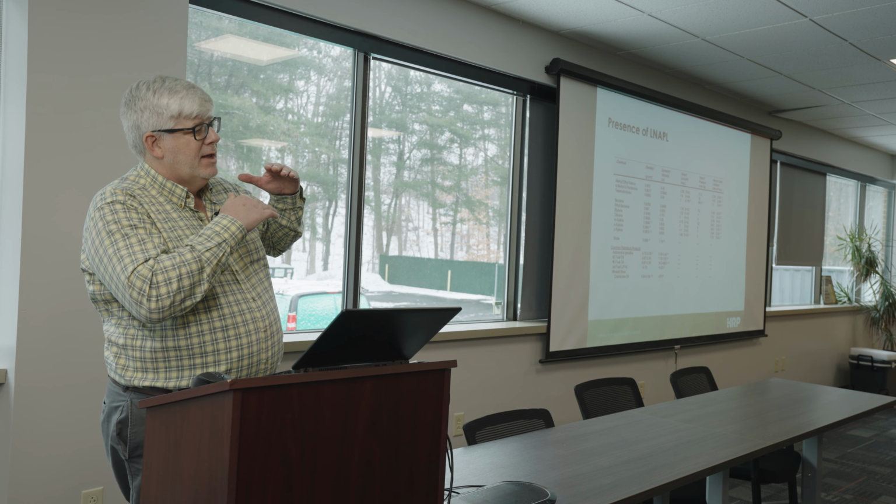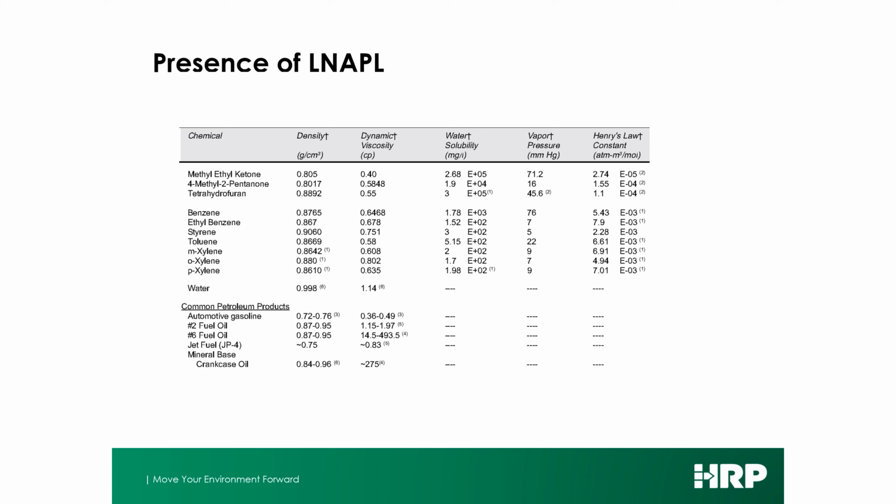So that's the first column, the density in grams per cubic centimeter. Since you're comparing it to 1, which is water, that's the specific gravity of the material. If you multiply the thickness of that layer by its specific gravity, which is going to be somewhere, as you can see in here, between like 0.7 and 0.9, it'll lessen that apparent thickness.